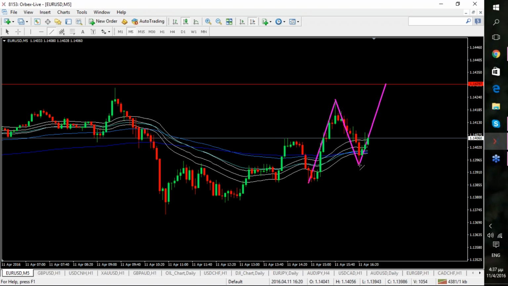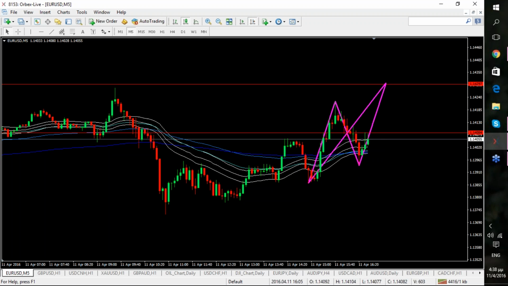Okay, so now we need to convert that into a geometric pattern to allow us the ability to spot a potential or ideal entry point. Okay, so what we do is we'll just go into A right up to D, right there, and the potential or ideal entry point would be here at the 1.1408.